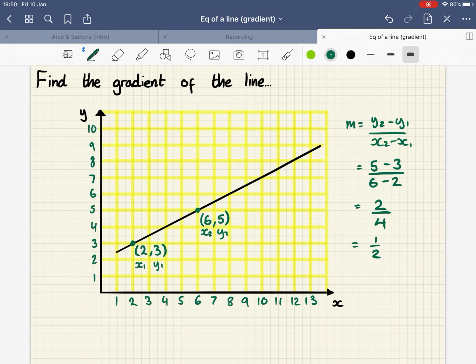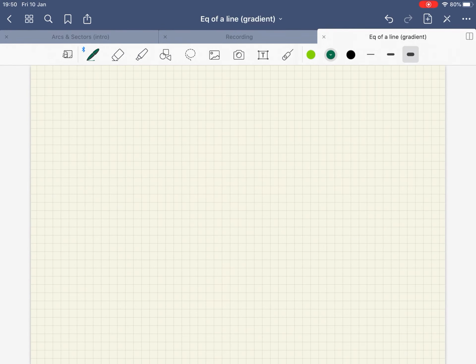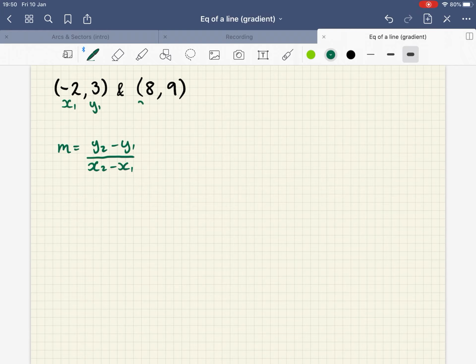The only thing that I might just say quickly is if you have 2 things like this, I'm going to do minus 2, 3, and let's do 8, 9. So following through with the question, when you do your substitution, I've got my 9 minus 3.